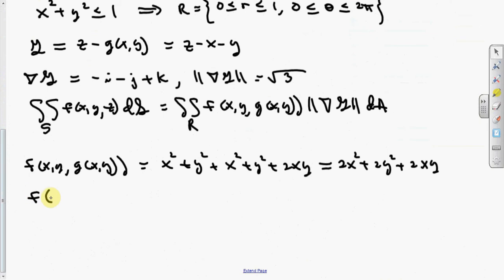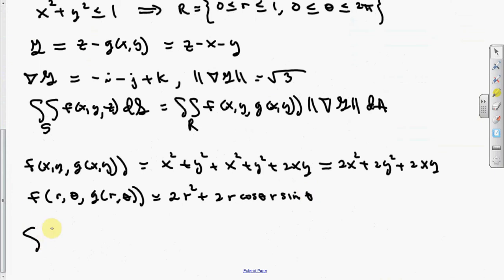So when I convert this now to its polar form, f of r, theta, g of r, theta becomes 2r squared plus 2r cosine theta times r sine theta. So now I'm ready to write this surface integral as a double integral. I'm going to evaluate theta first.